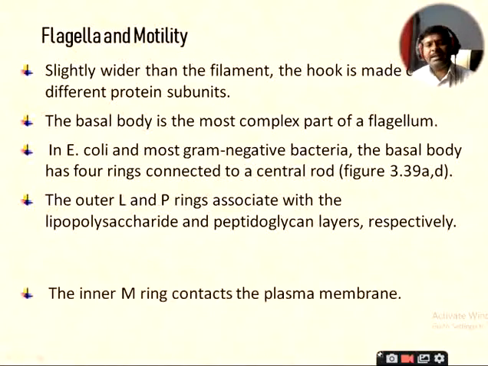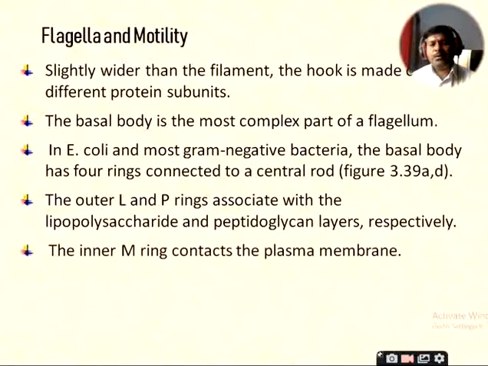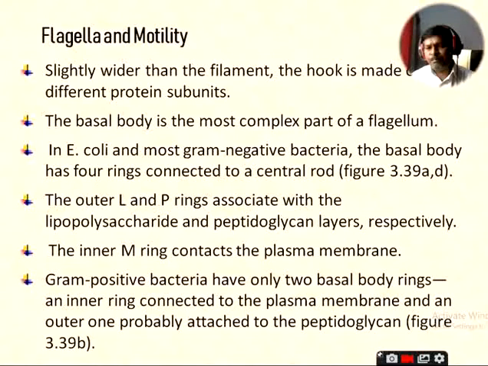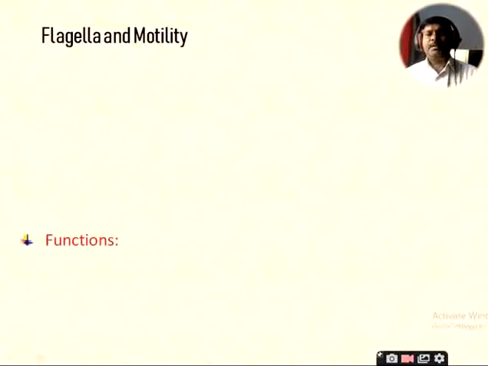The inner M ring contacts the plasma membrane. Gram positive bacteria have only two basal body rings: an inner ring connected to the plasma membrane and an outer one probably attached to the peptidoglycan.